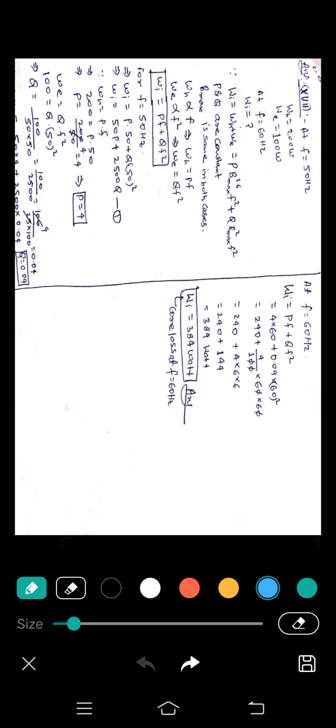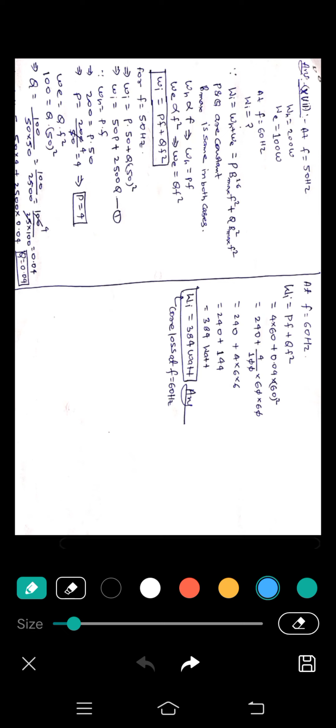Let us consider B max is the same in both cases because there is no given data for B max. So we consider it equal in both cases. Here P and Q are constants, and only the frequency is variable.